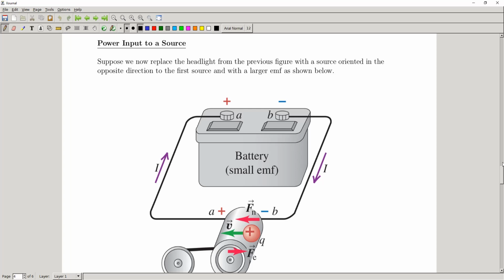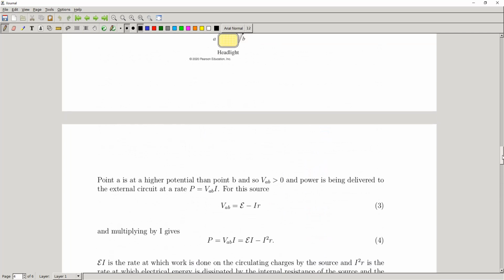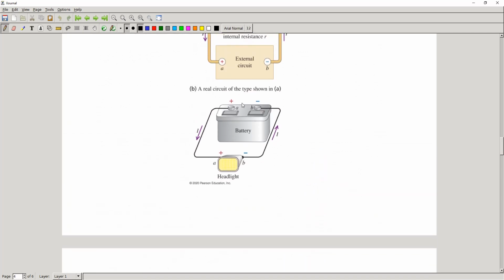So we have our original source, but now we hook the original source up to another source, but this new source is going to be a larger EMF source. And so what do we end up having happen? We end up pushing the current back the other way, right? So if we look at the way we had the current flowing in this diagram, we have current coming around here in a counterclockwise direction.